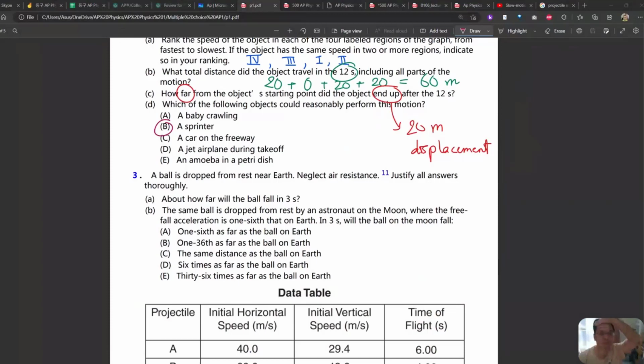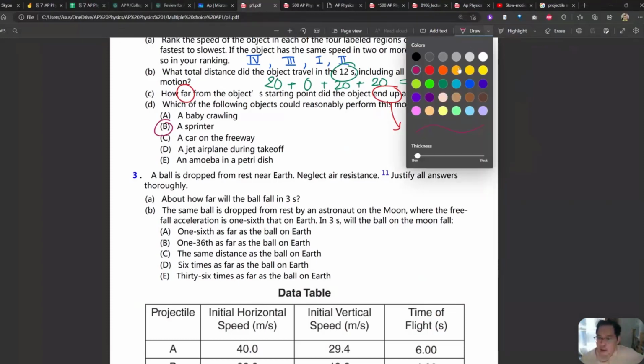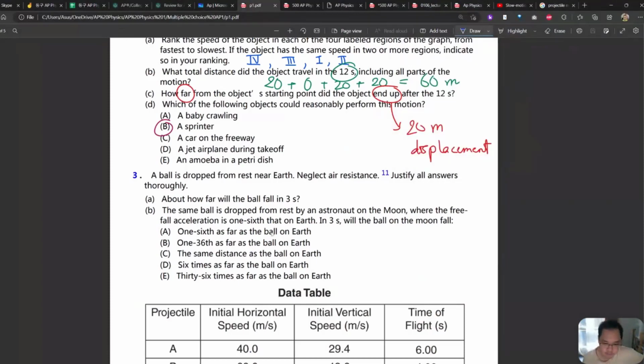About 45 meters. 3 seconds. Multiply with 5, which is half of 10. We write half of 10 instead. Multiply with the square of 3, approximately 45. If you want a more accurate result, you can take 9.8 instead of 10.